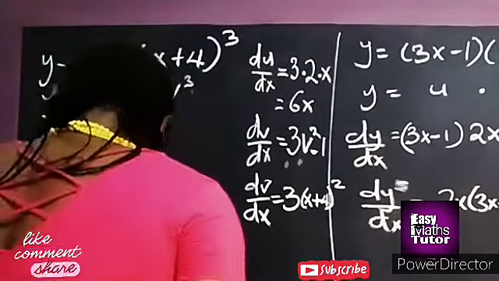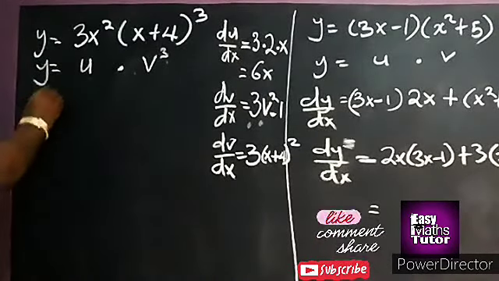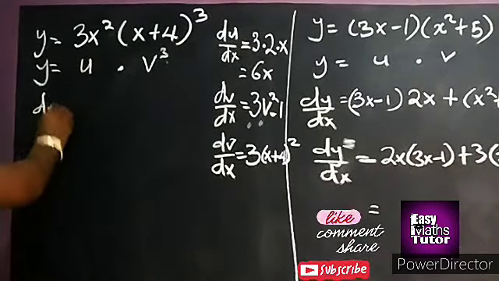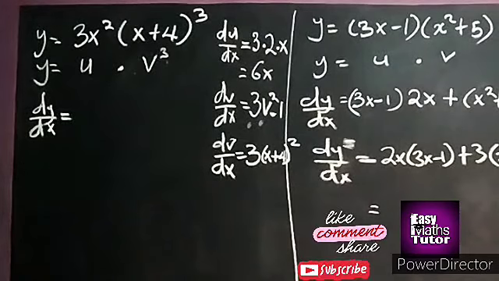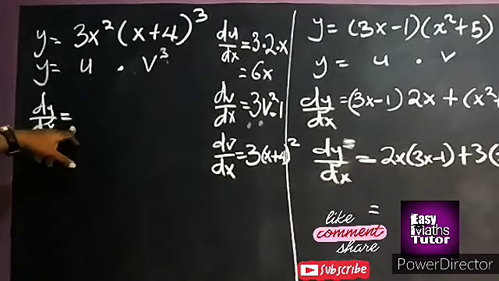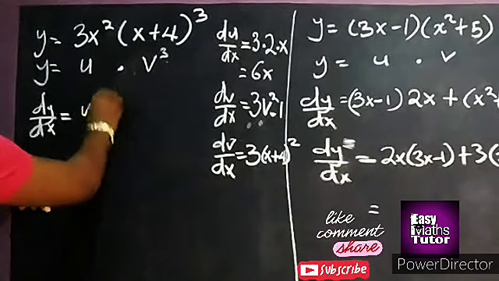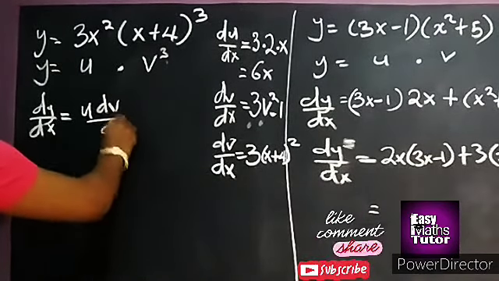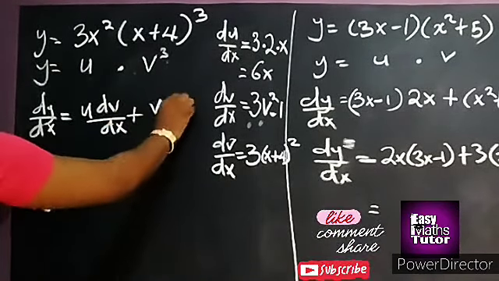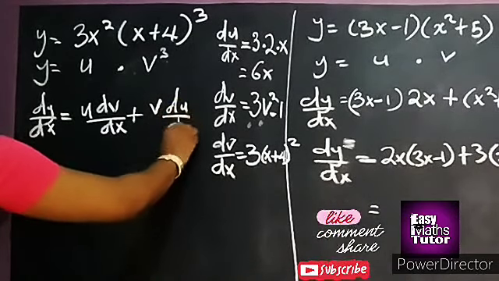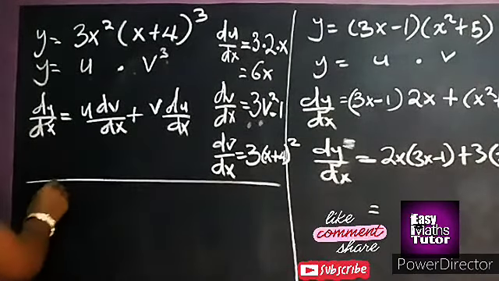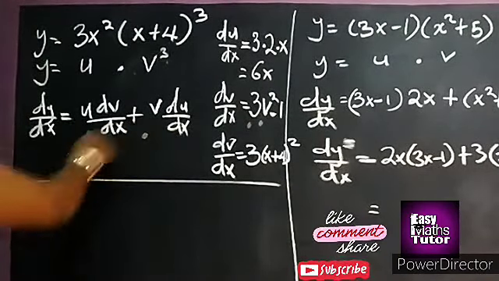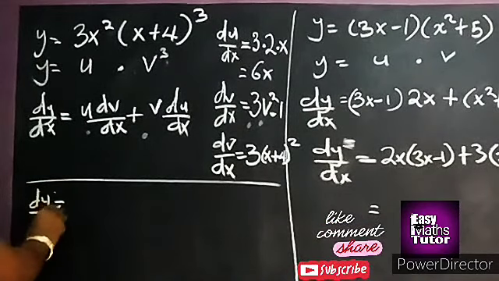All right? So with that, we can find the dy/dx. Remember our product rule is u dv/dx plus v du/dx. All right? So now, let's come down here and substitute all our values into the product formula.